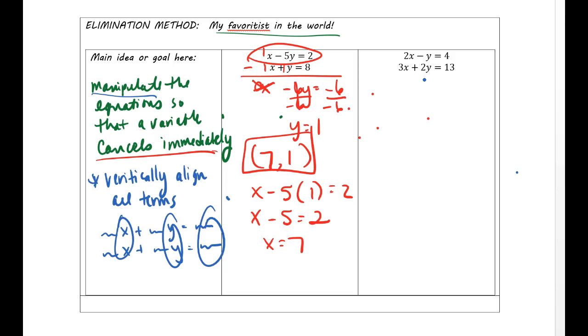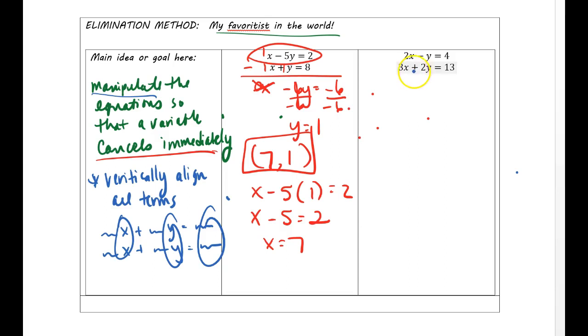For instance, let me show you what I'm talking about. Okay, 2 and 3 are hard to cancel. But do you see how there's a positive 2 here? If that were somehow a negative 2, this problem would be awesome. Because if that were a negative 2 and that were a positive 2 and we added them together, what would that make? Well, that would make a 0.